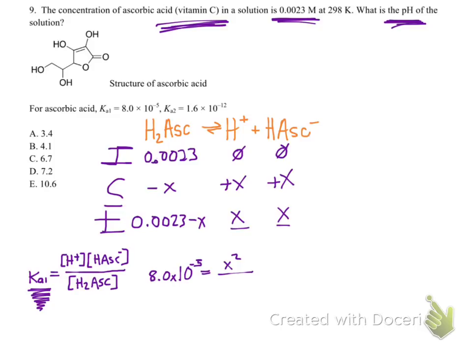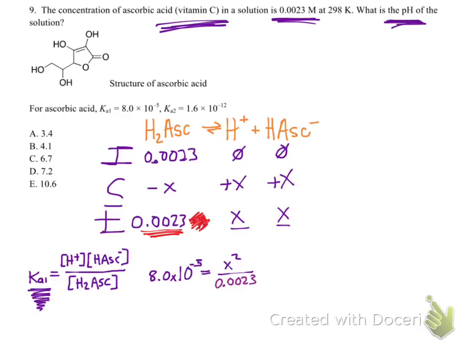Since our K is on the order of 10 to the negative 5th or less, we can just take this x and drop it, because it's going to be insignificant compared to this 0.0023 that was initially in there. So I'm just going to plug in the 0.0023 into this equation. We'll multiply the 0.0023 through and take the square root.